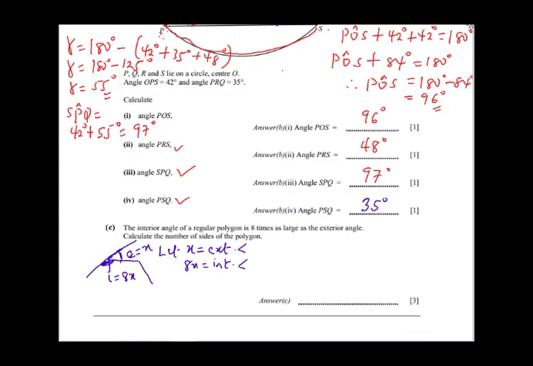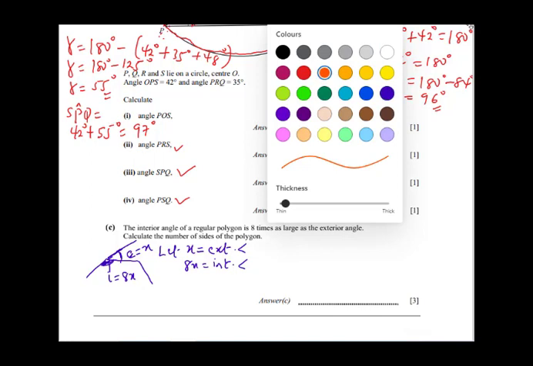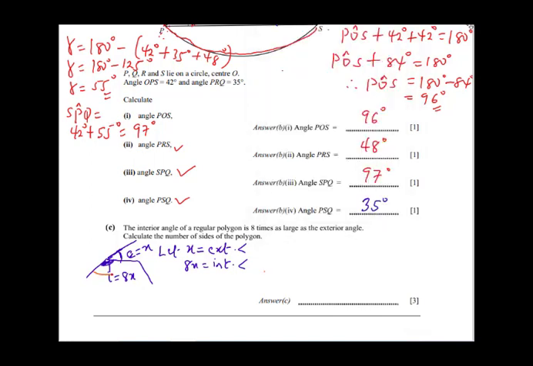And the second thing, we know from our knowledge of geometry that the sum of angles on a straight line equals 180 degrees. You can see that the interior angle, which is 8x, and the exterior angle, which is x, are on a straight line. So they must add up to 180 degrees.